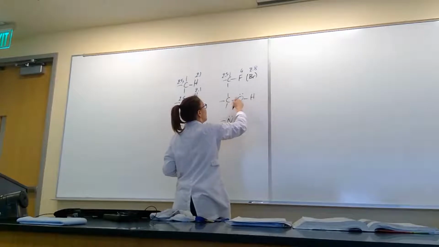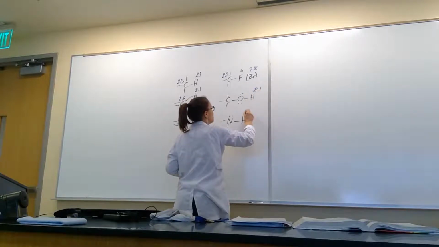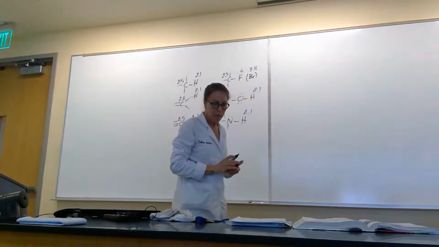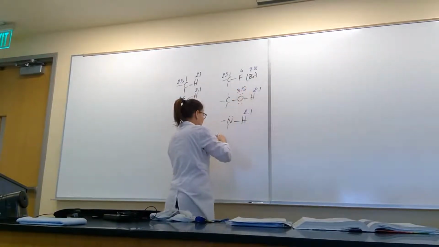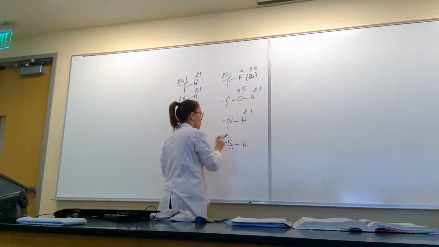Here I'm really mainly looking at this bond. So this is 2.1, and the oxygen is 3.5. I can also add an S-H because we did this in the previous chapter.